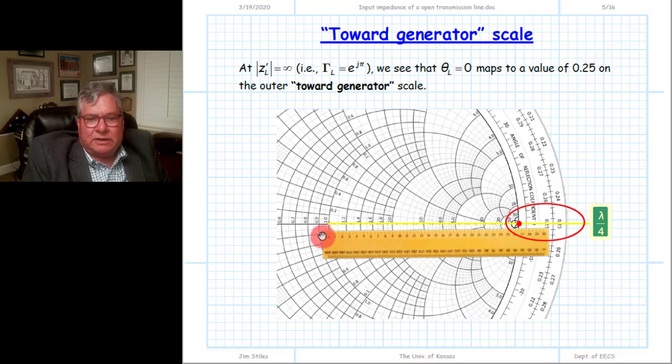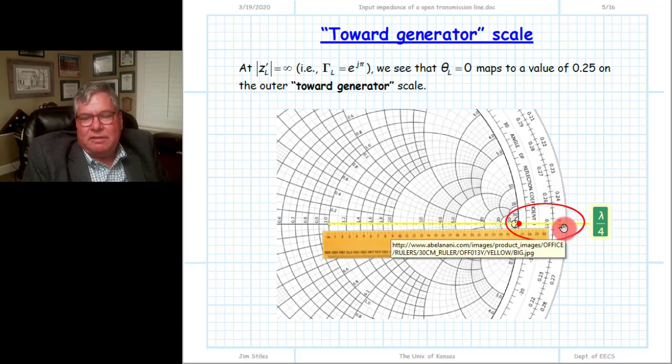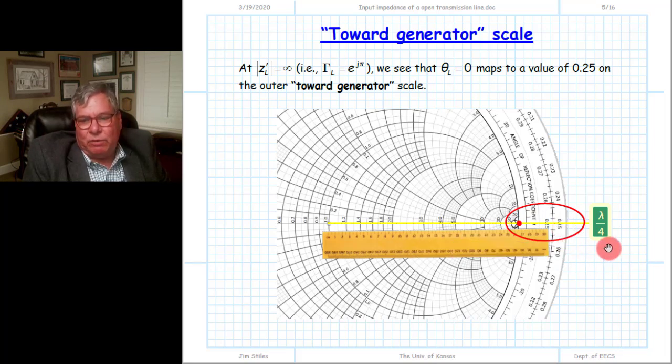All right, so we take a straight edge and we draw a line from the center of the Smith chart through the point where the open circuit impedance is, or open circuit reflection coefficient, and we continue so it crosses the outer scale. And we notice that in the wavelengths toward generator scale, that value where the yellow line crosses is 0.25, or in other words, 0.25 wavelengths, or 1/4 wavelength.